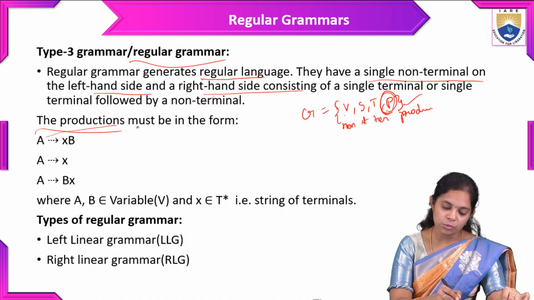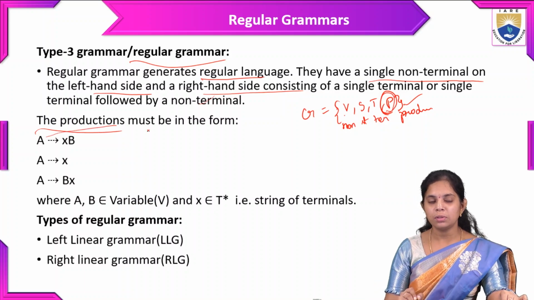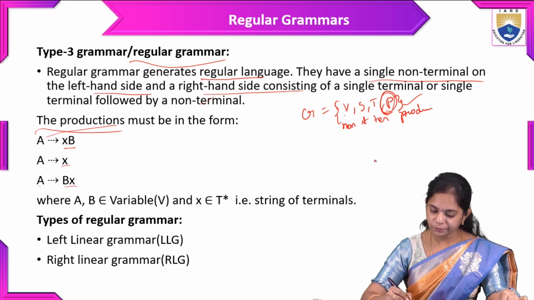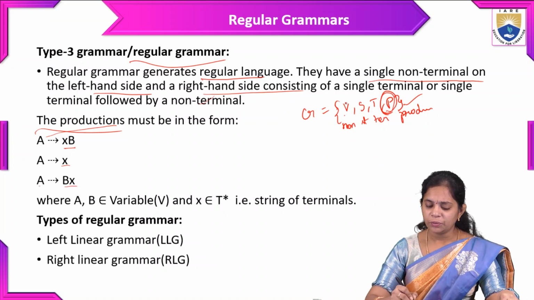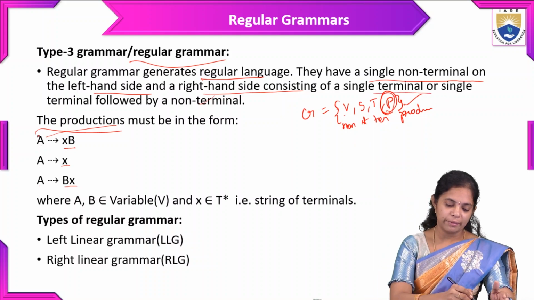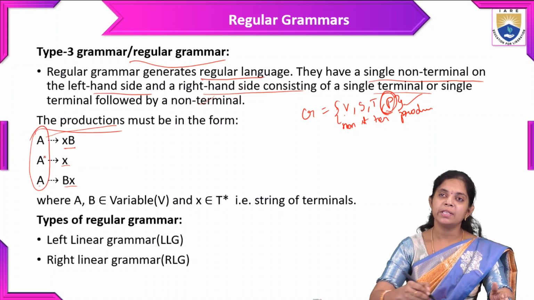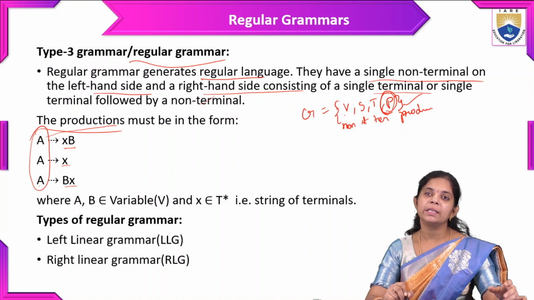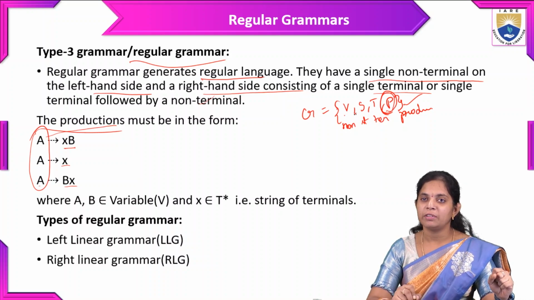The production rules are A tends to XB, A tends to X, and A tends to BX. This statement says that the left hand side has only a single non-terminal value. Capital letters represent the non-terminals and small letters represent the terminals.